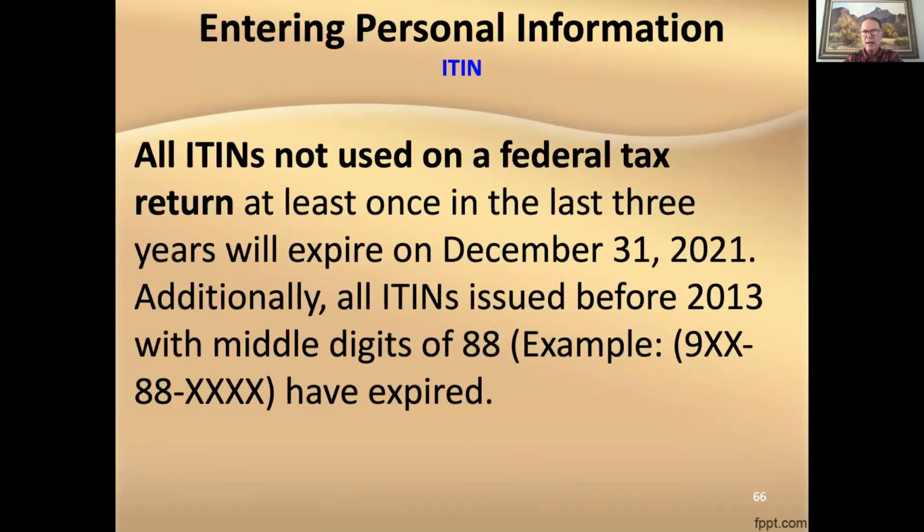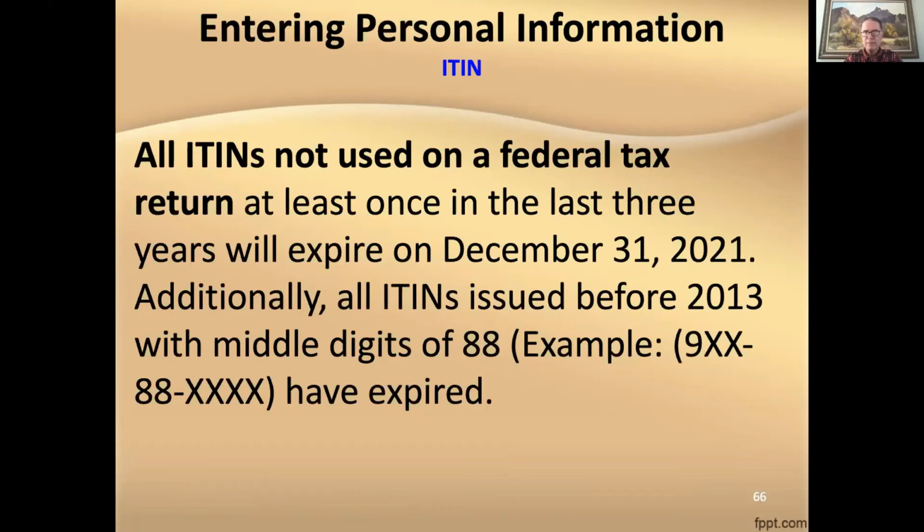So for the past 4 or 5 years, they have been setting aside a certain number of ITINs with the middle digits of 88 or 89 or 90 or 91 or 92 or 93, et cetera, up through 99, that have to be reapplied for so that they can be rechecked and verified as actual ITINs that match up with that particular client.